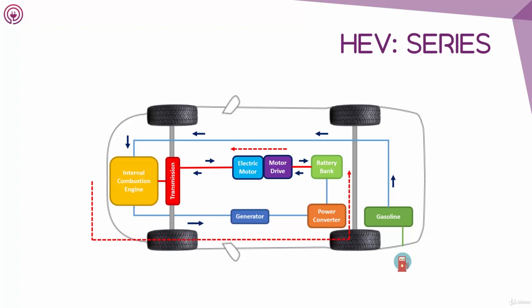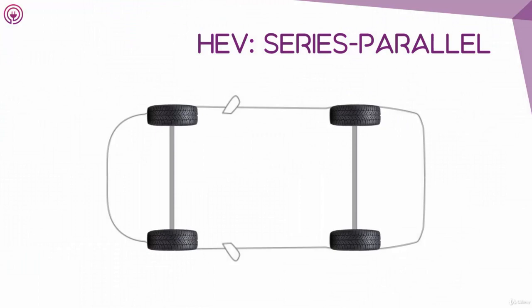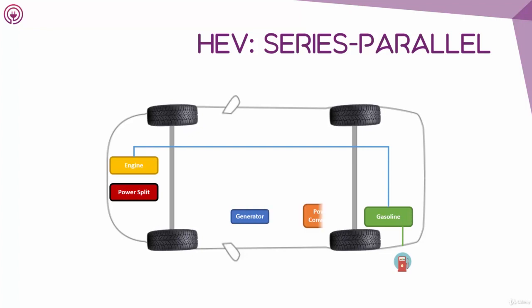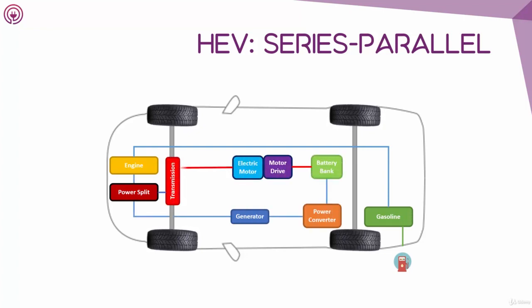The third type of hybrid is the combined series and parallel mode hybrid. This has the flexibility to work in either series or parallel mode by utilizing a power split. It has a generator to charge the battery as found in the series hybrid electric vehicle.